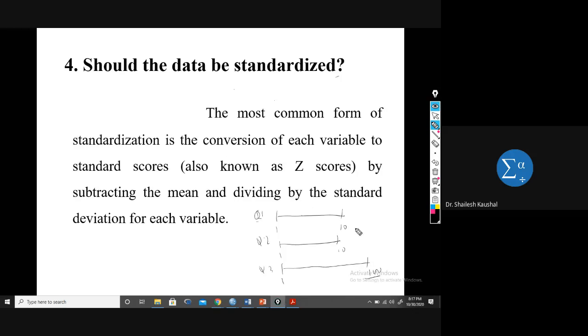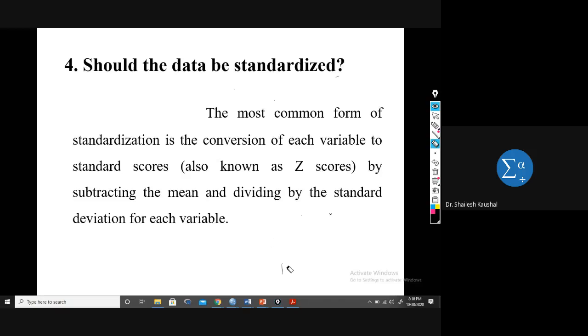So here the scale is different. Here 9 means very high, excellent, but there 9 is very low. So we should standardize our questions before applying the cluster analysis, and then we can get good results.